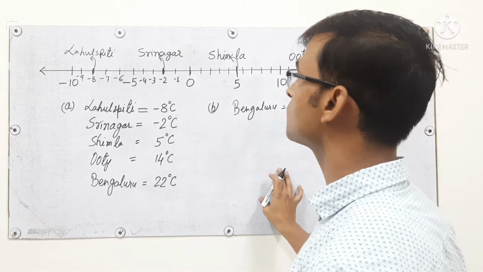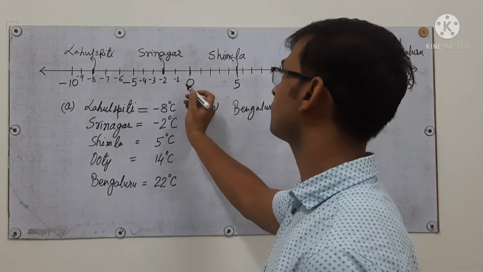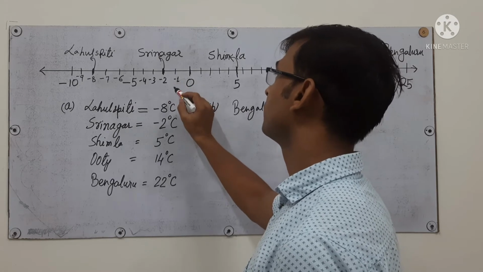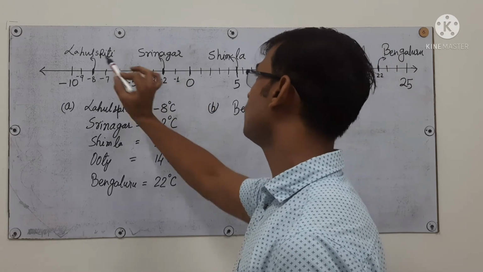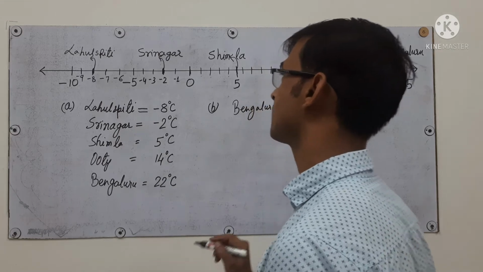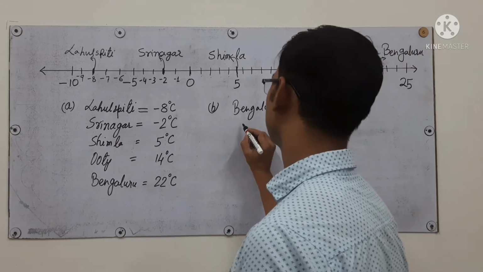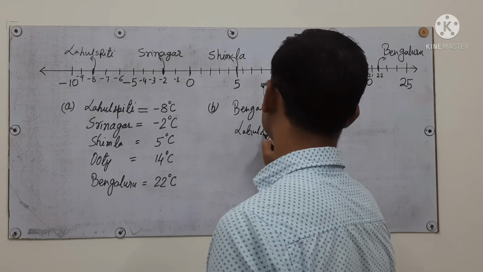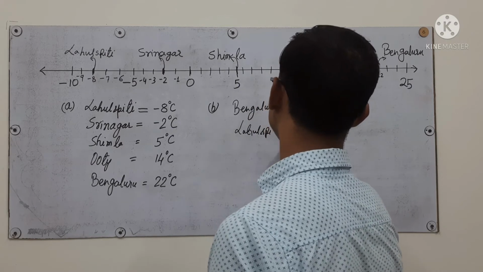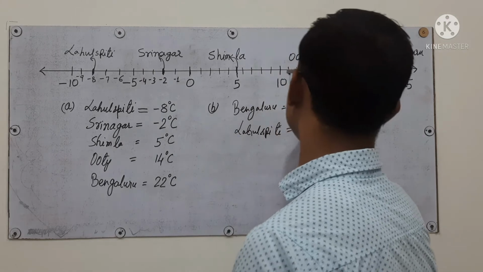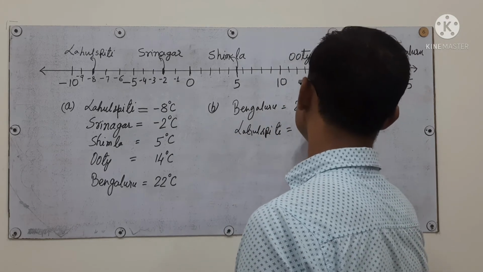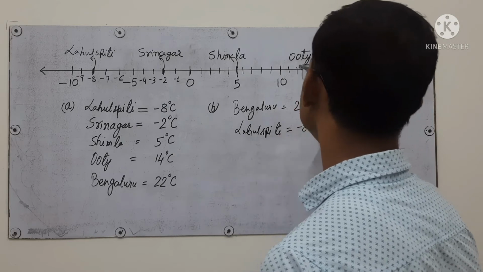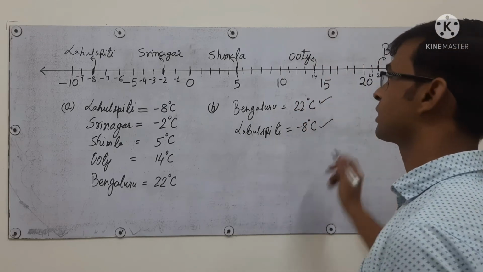And which is the coldest place? From here we can see the numbers which come just before 0 are smaller, and the number at Lahul Spiti, that is -8 degrees Celsius, is the coldest. So Lahul Spiti temperature is -8 degrees Celsius. So Bengaluru is the hottest and Lahul Spiti is the coldest.